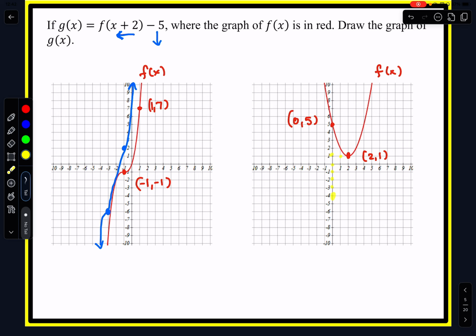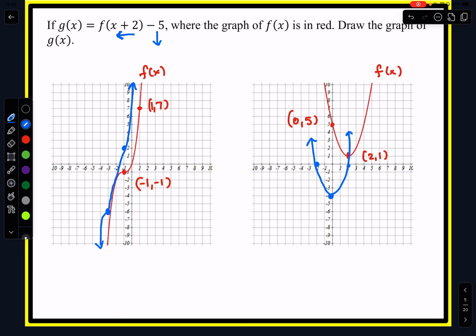So negative 4, 0. I'm sorry, 0, negative 4. And then the same thing here, 1, 2, and then 1, 2, 3, 4, and 5, negative 2, 0. And then our parabola will be completed.